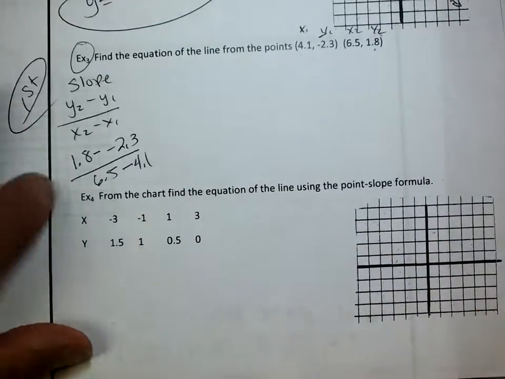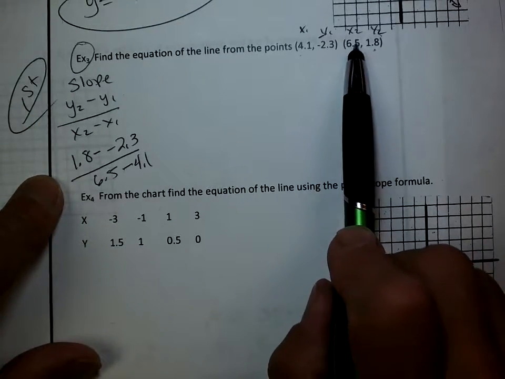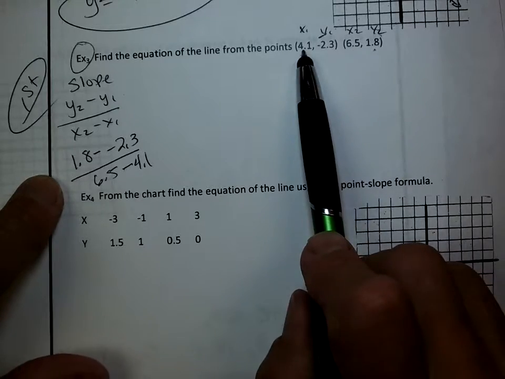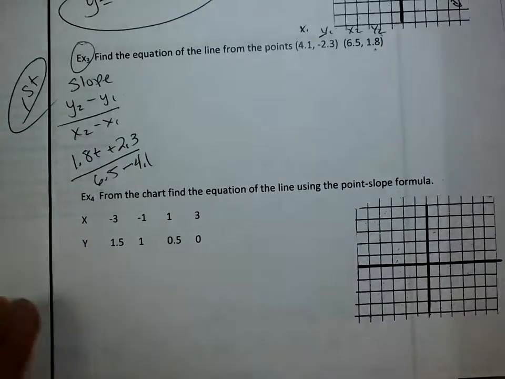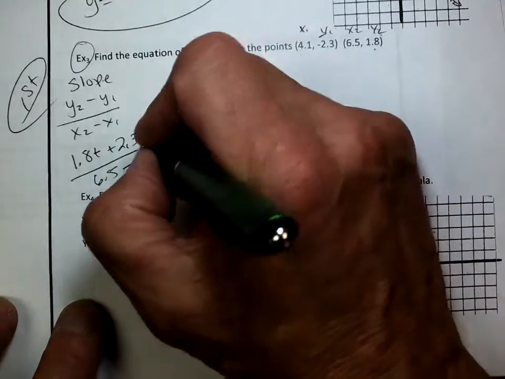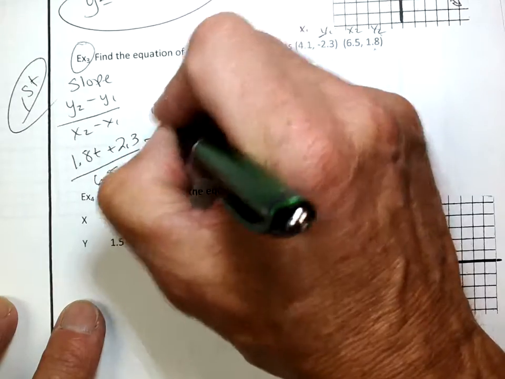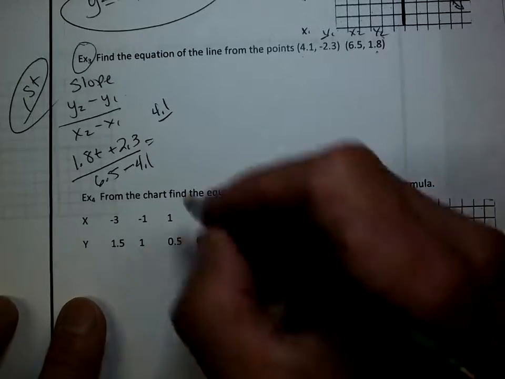Okay, I just put my y2 minus my y1 over my x2 minus my x1. All right, now I got to do a little bit of math. Double negative makes a plus, right? So let's see what I get. 1.8 plus 2.3 is 4.1, over 6.5 minus 4.1, I get an answer of 2.4.